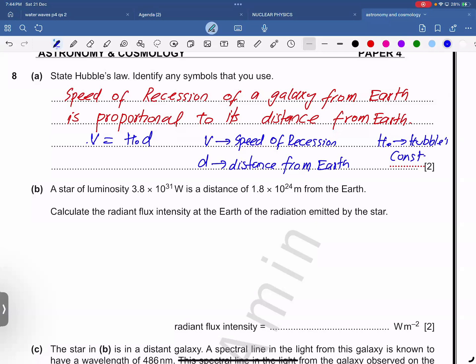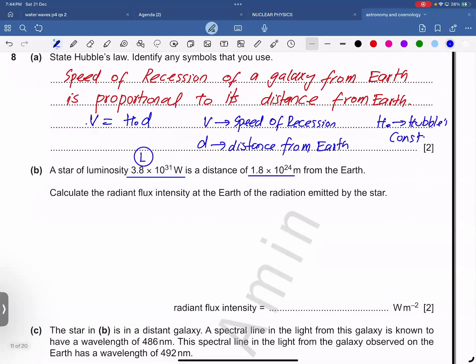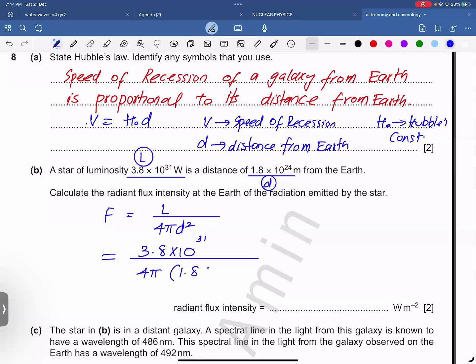A star of luminosity, luminosity symbol is letter L, at a distance from Earth, lowercase d. Calculate the radiant flux intensity, very easy. F equals L over 4 pi d square.